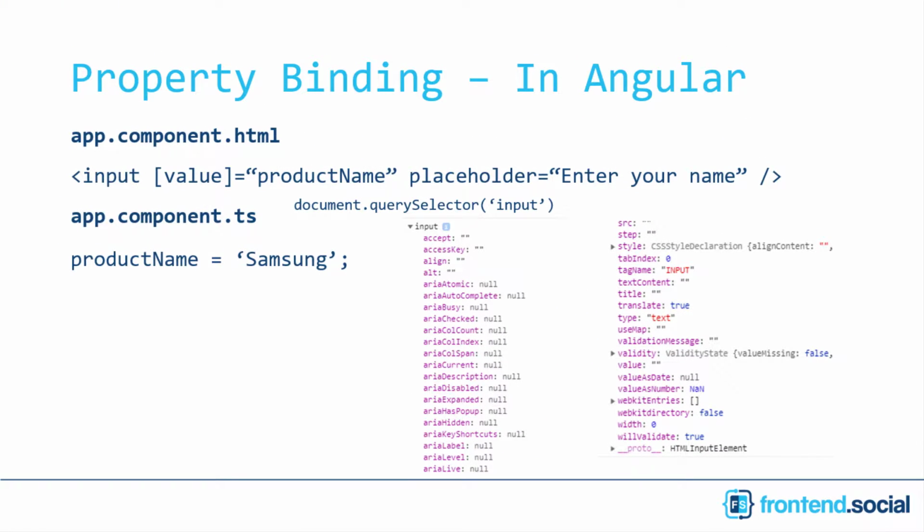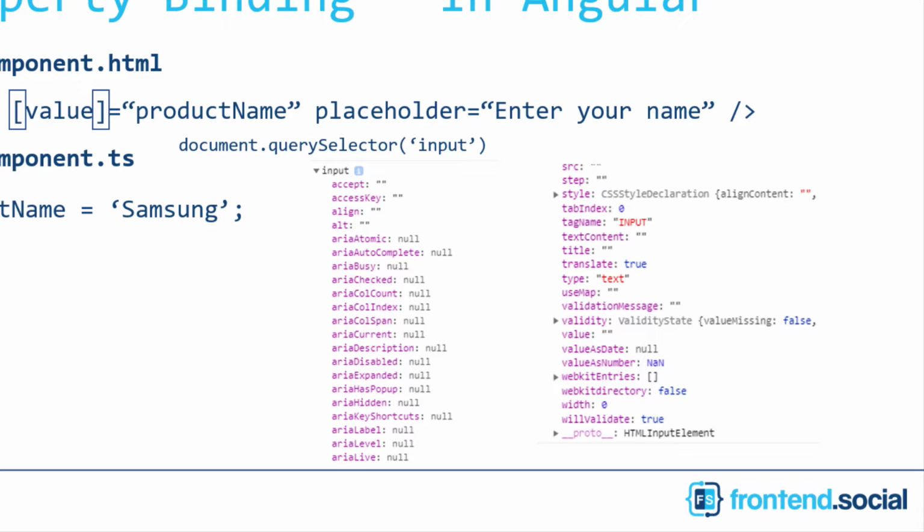So what happens behind the scenes is, when you wrap your property with square brackets, Angular gets access to its DOM, and you can mention a property inside the square brackets. Now you mentioned value. That value will be looked up inside the DOM structure, and it will be reflected with a value specified as an expression.